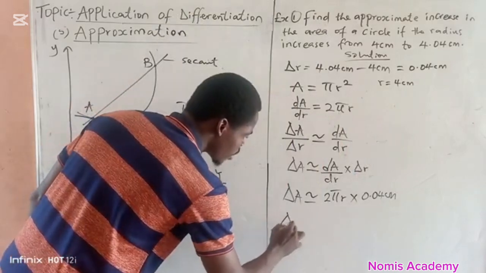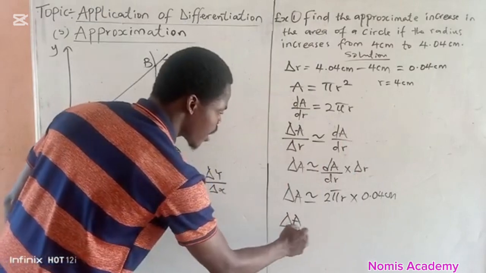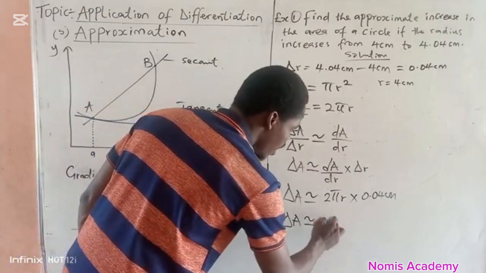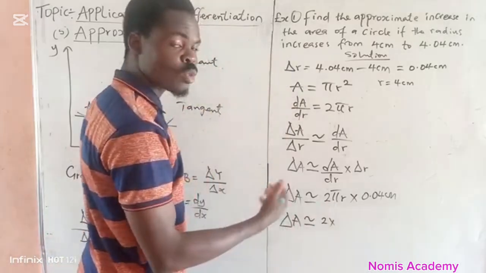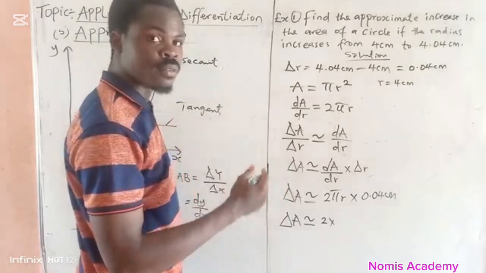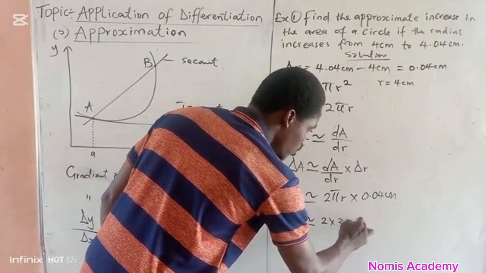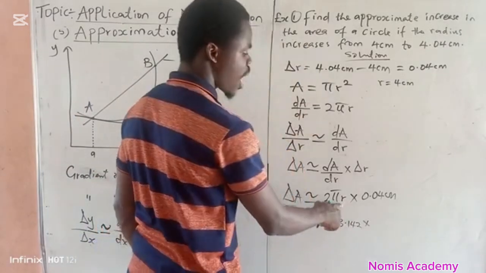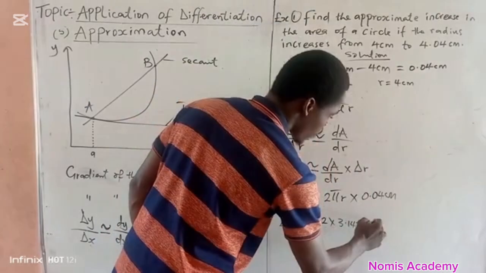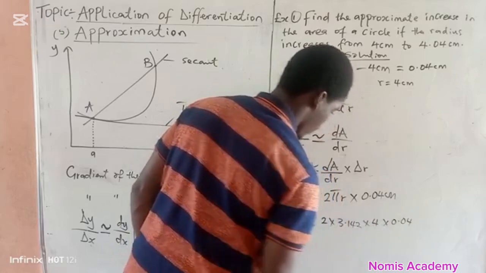Then the approximate increase in the area delta A is approximately equal to 2 times the value of pi, which is 22 over 7, in decimal form 3.142, times r, r is 4, times 0.04.